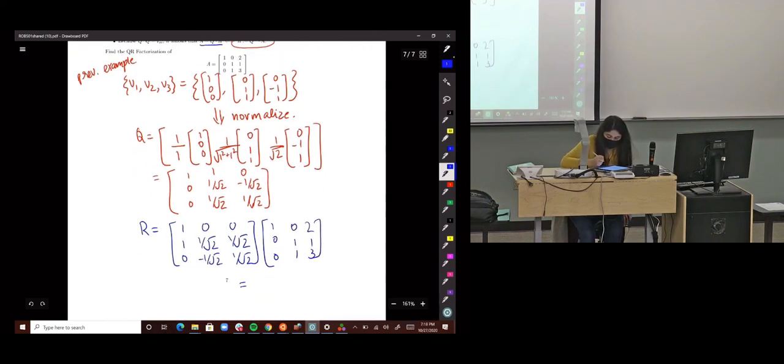Try to solve it. You'll get something like this element is 1, this element is 0, this element is 2, and this is 1, this is 2 by root 2.